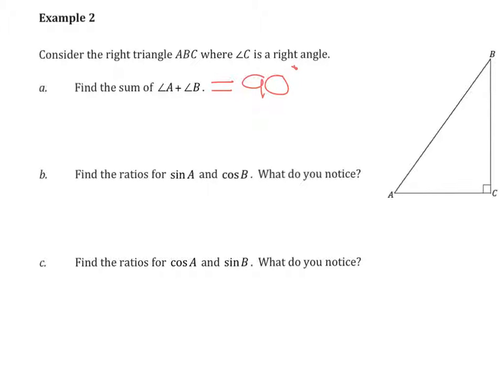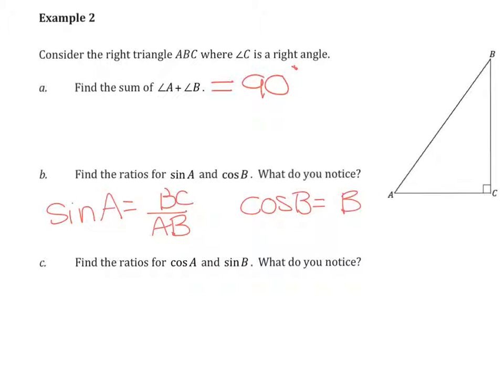So sine of angle A is opposite, which is BC, over the hypotenuse of AB. And the cosine of angle B is adjacent, so that's BC, over the hypotenuse of AB. So what we notice is that they are indeed the same ratio.